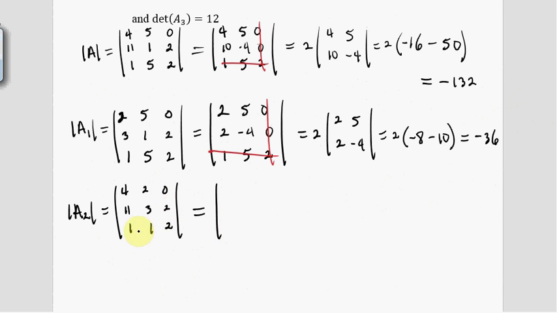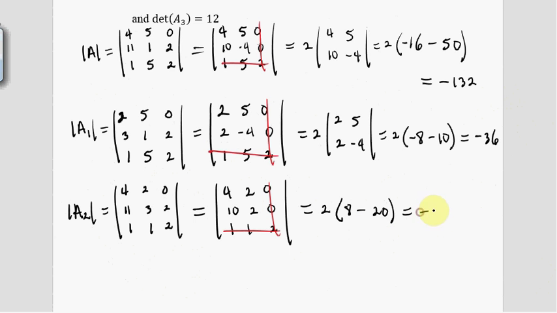So we'll say negative times row 3 plus row 2. So this is 2. You can kind of look at it and see what happens. This is 2 times, parentheses, 8 minus 20. So we get negative 24.